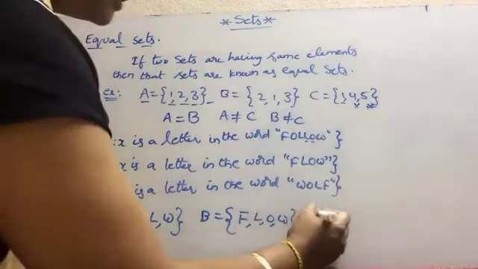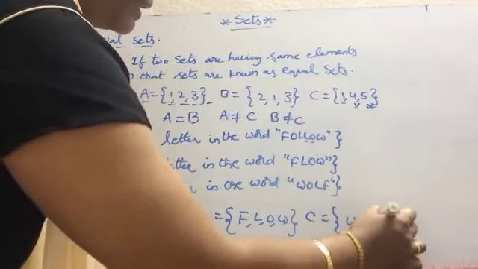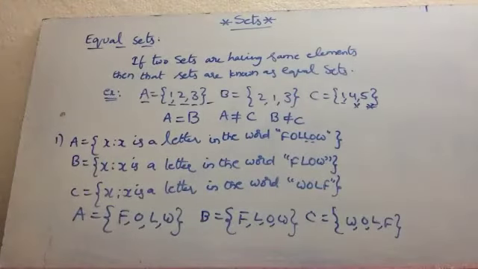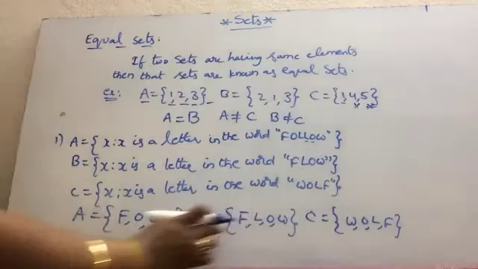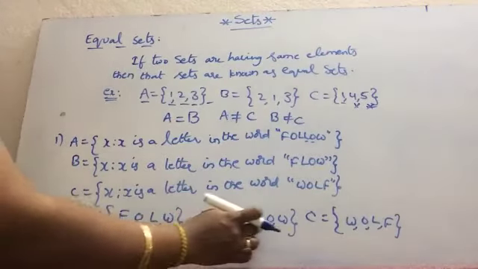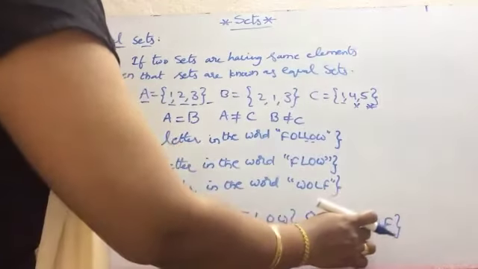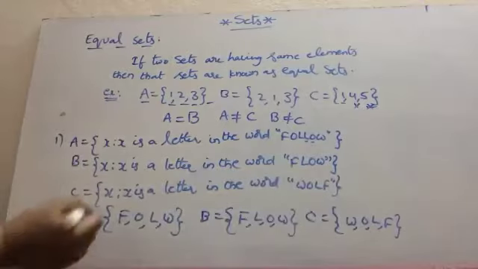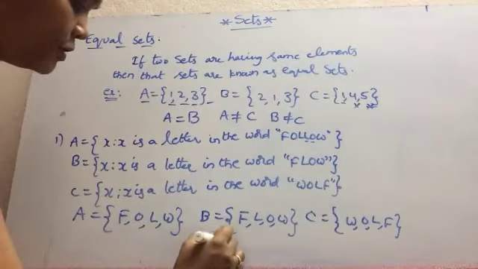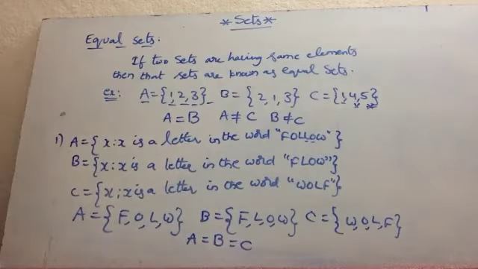And set C equal to {W, O, L, F}. So observe these 3 sets. Here A equal to {F, O, L, W}, B equal to {F, O, L, W}, and C also equal to {F, O, L, W}. So these 3 sets are equal. Then A equal to B equal to C.